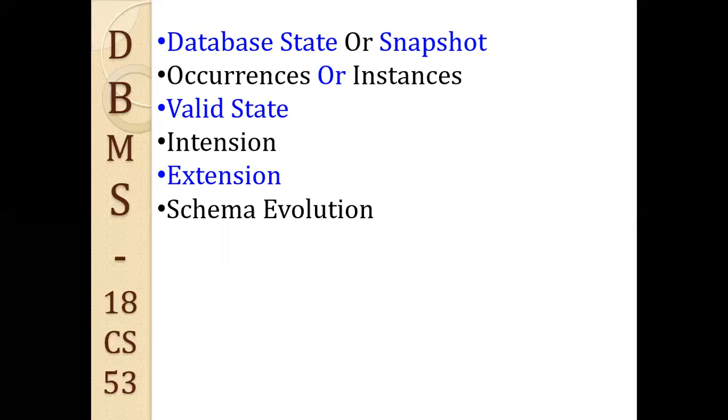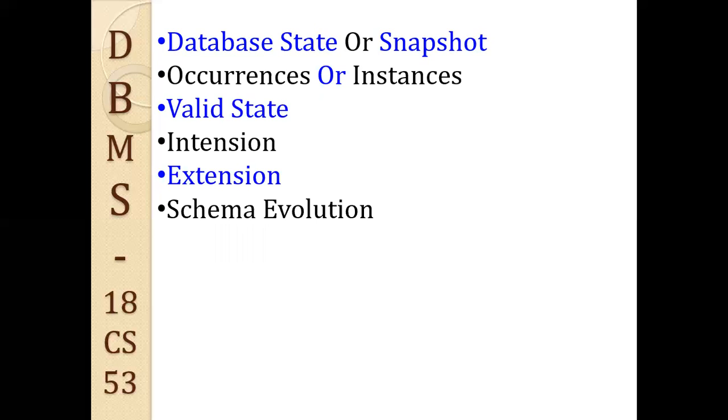In such cases, it is required to change the database schema, and the concept of changing the database schema is referred to as schema evolution. Most modern DBMS come with a set of operations which are helpful for schema evolution.